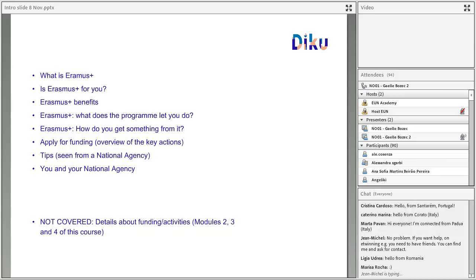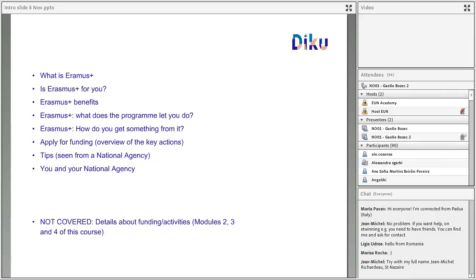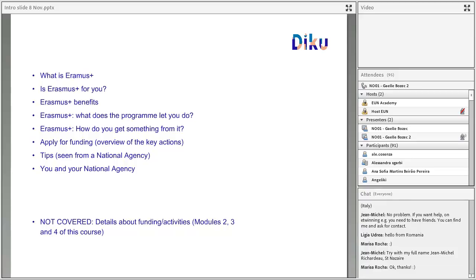So I think it's quite important for me as a national agency to let you know what we think will make a good application and a good project. So I have some tips for projects and for application, and my last slides will be about the relation between you and your national agency, and what you can actually expect from national agencies.